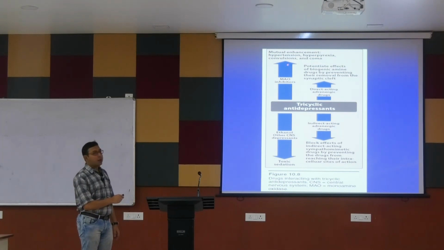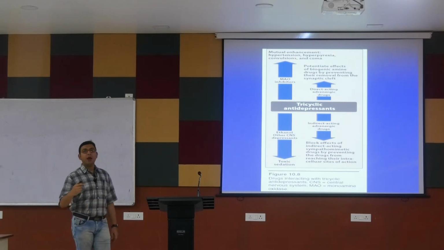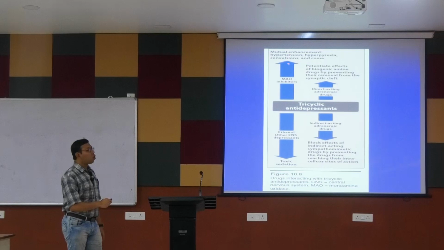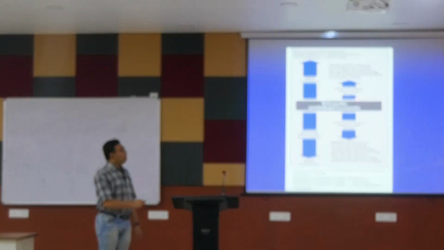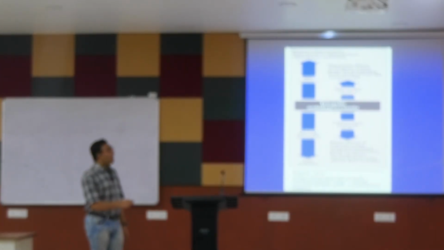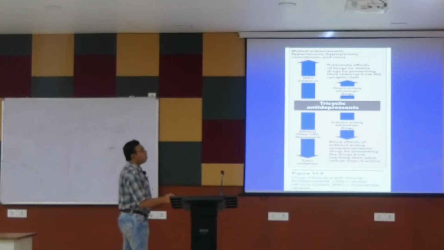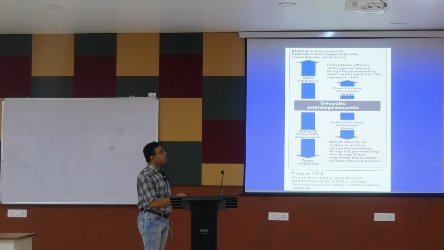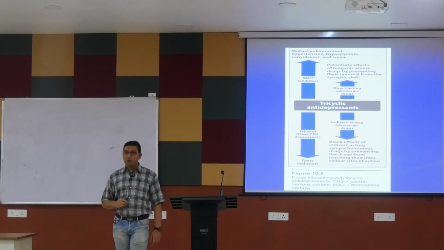So there may be hypertension, hypertensive crisis, hyperpyrexia, that is very high temperature of the body, convulsion and coma. If we are using some directly acting adrenergic drugs with this tricyclic antidepressant, they also potentiate these effects and there may be different types of adverse effects.